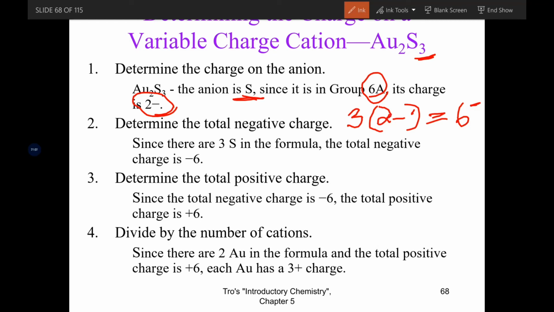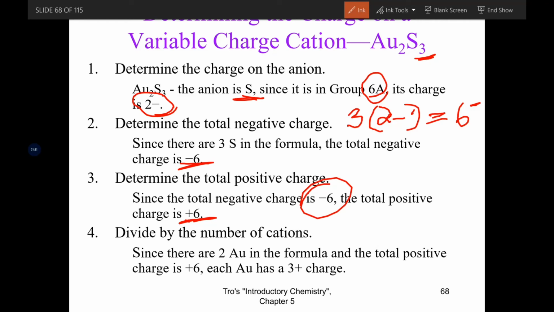That's what I'm going to get right there. This must equal the charge on the cation. That means the total charge on the cation must be plus 6, since on the anion it's negative 6.